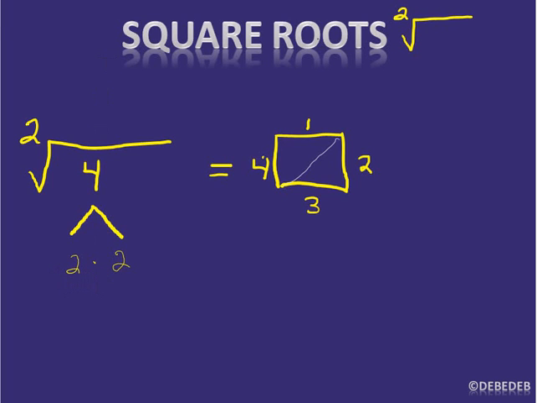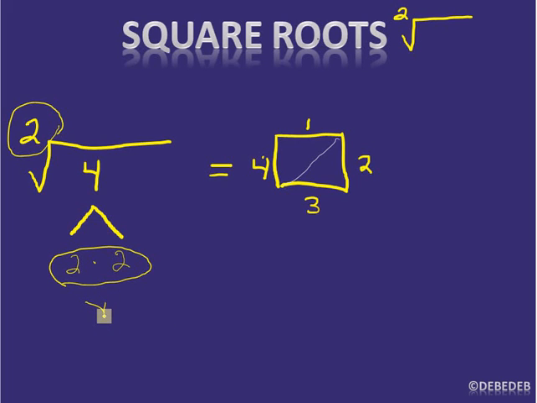In order to bring it out of the radical, we have to have a pair, because this says a pair right here, two of those numbers that match in its prime, and we do this for the radical number inside.